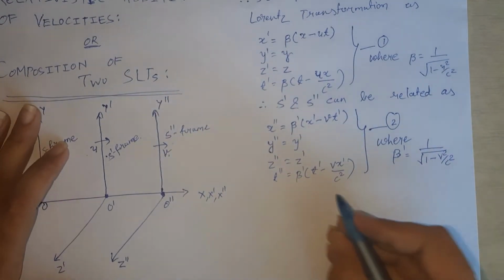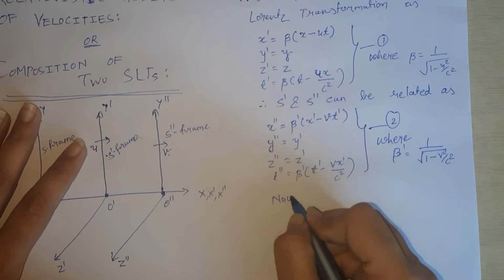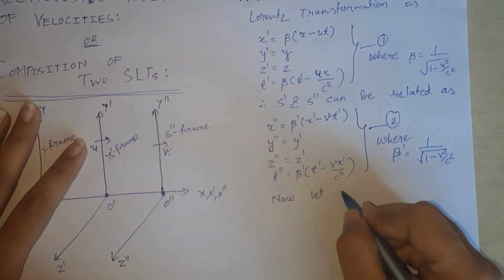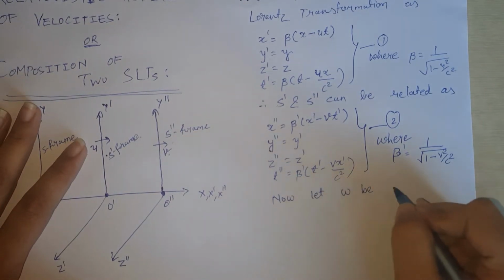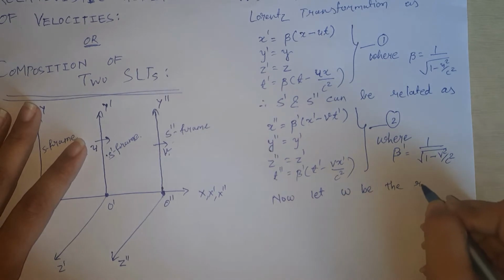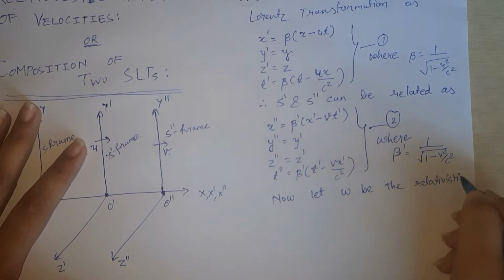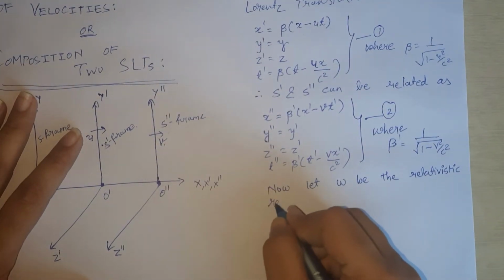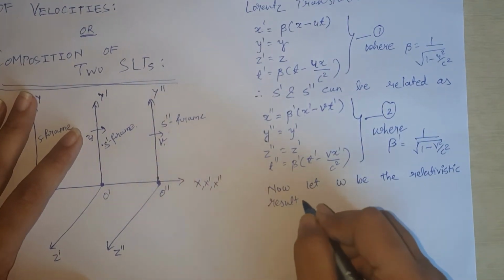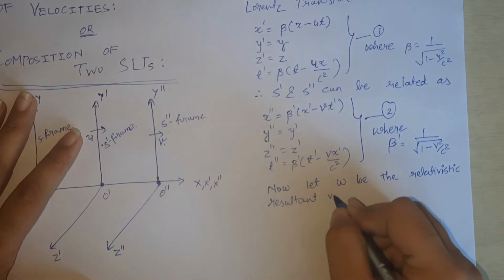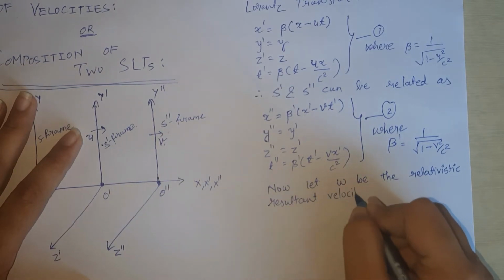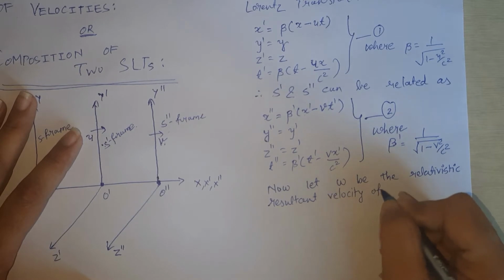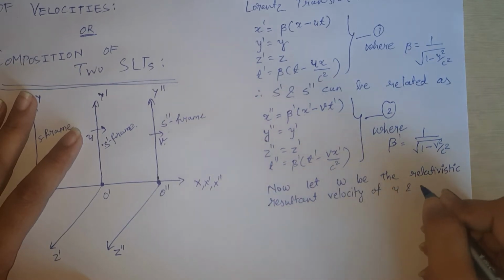Now let W be the relativistic resultant velocity of u and v.